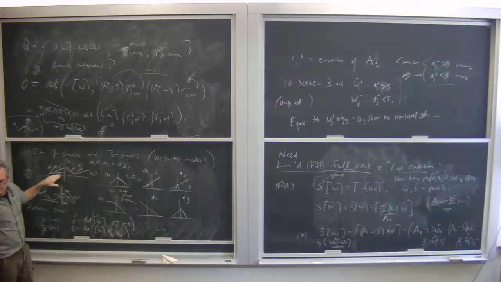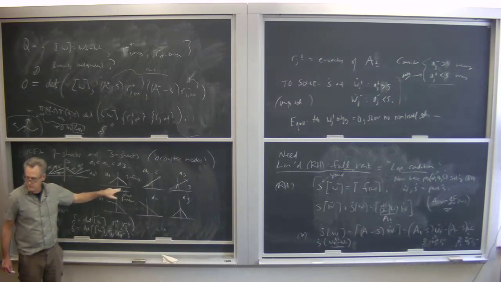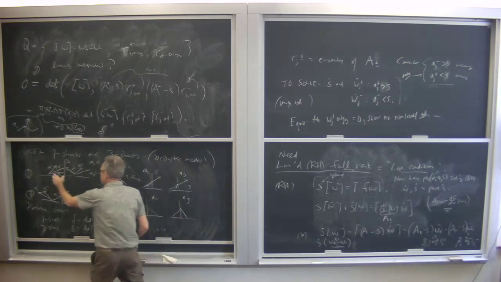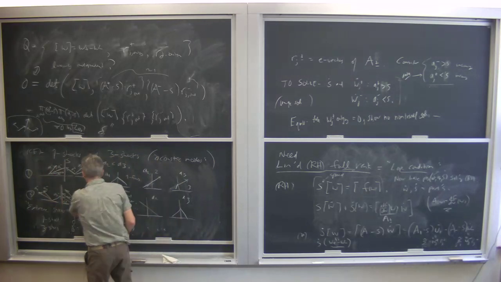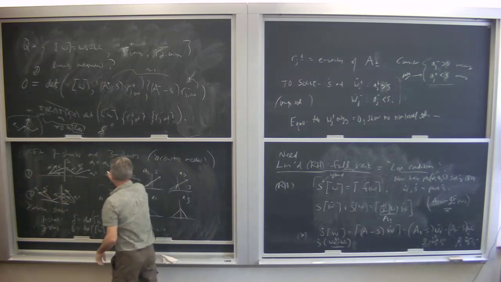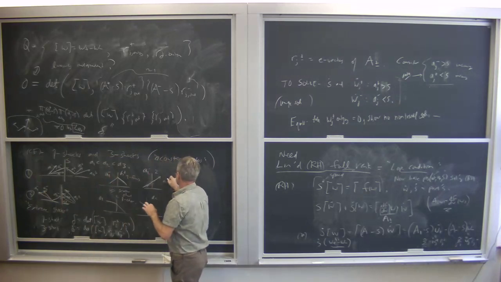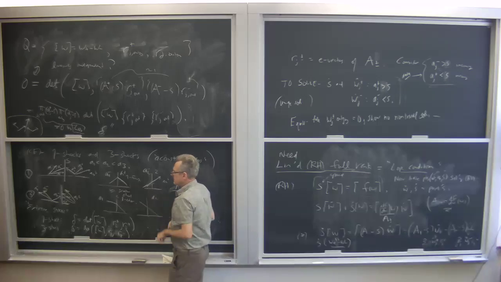I think this one makes sense. It's this one that you're wondering about. Yeah, so I just took them separately. Here I'm looking at all three characteristics, here I'm taking them one at a time. So this is A1 minus, A1 plus, A2 minus, A2 plus.